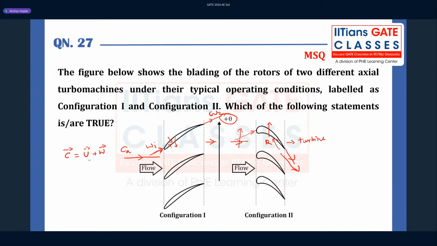So C has to be in this direction, right? So W plus U will be in this direction. So this blade is rotating in this direction, and that is opposite to the given theta direction, right? So now look at the options.